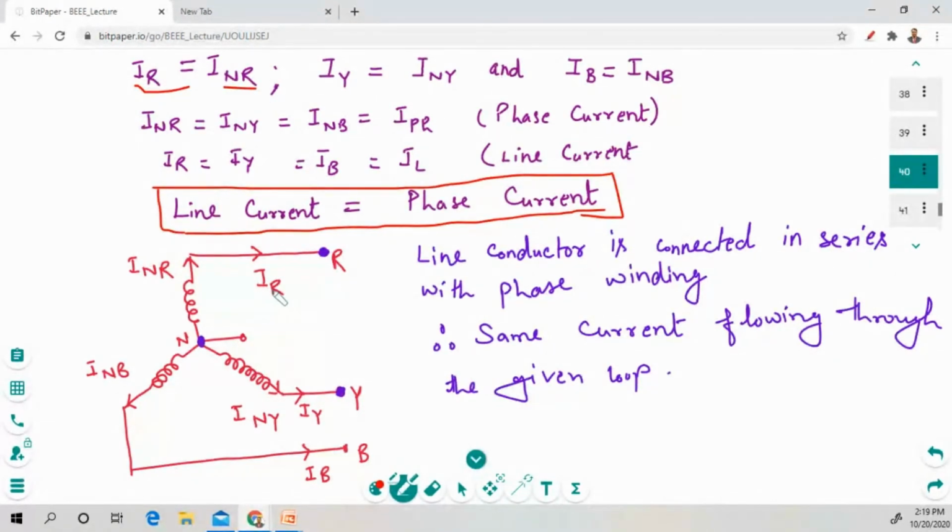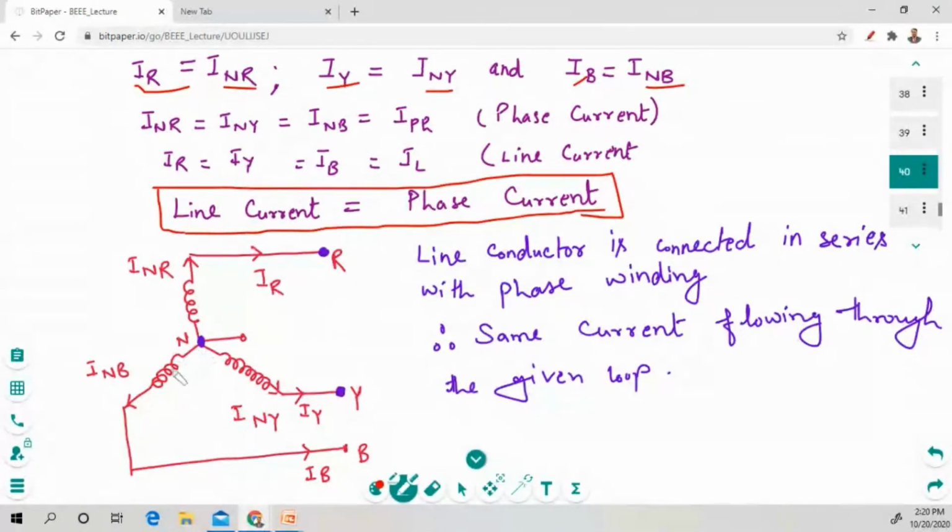So as you can see right here, the line current is equal to the phase current. IY is equal to INY. This is the line right here, and this phase current is flowing through the same line. So this current is not divided, and that's why both these currents are the same. And IB is equal to INB.